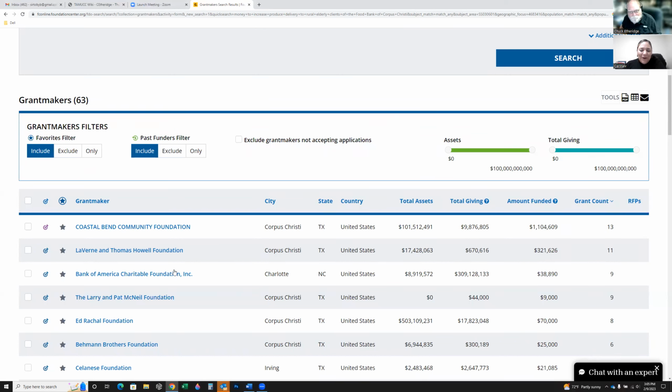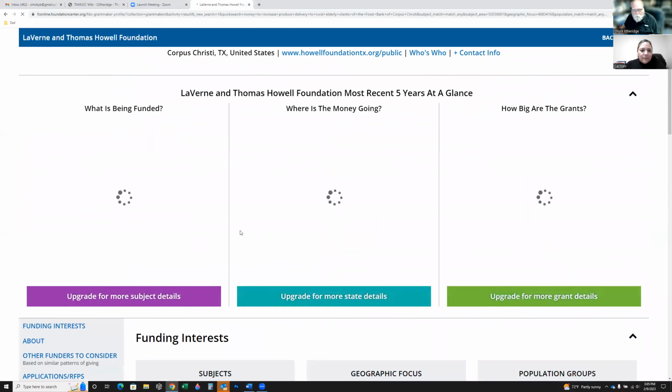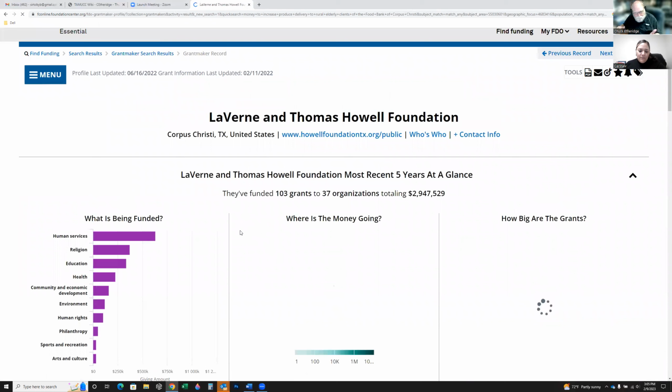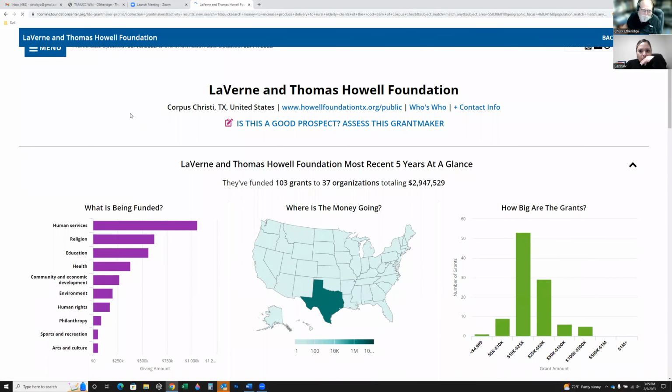So let's just look at one of these. Like, let's look at the Laverne and Thomas Howell Foundation. And so what we get, and I know Carson Fox says don't do a quick read, but I tell you to do a quick read just to find out if where we're looking is appropriate.